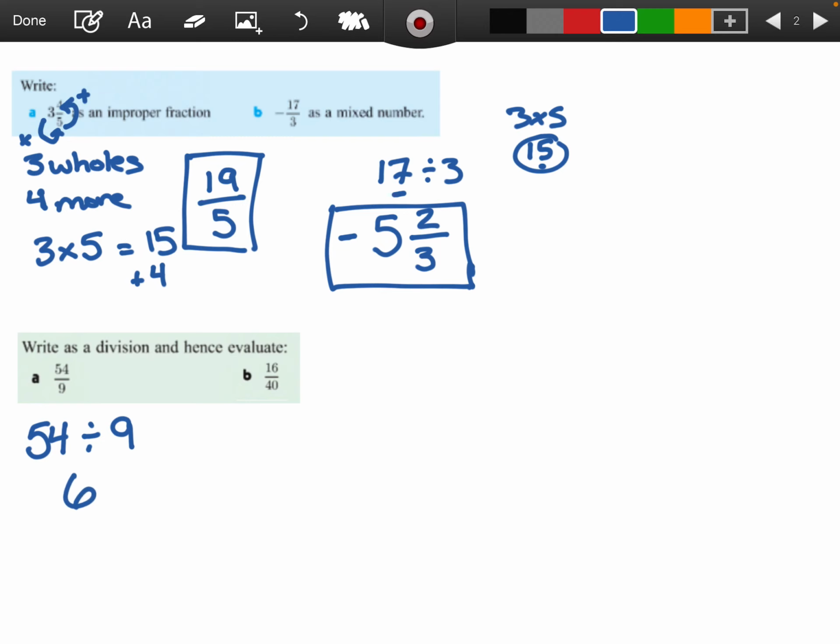If we look at the second one, write that as a division, so that becomes 16 divided by 40, and then we would probably grab a calculator on that one. 16 divided by 40, and that gives me 0.4 or 4/10. So that's how you change fractions into decimals. You just do numerator divided by denominator, again, because that fraction bar represents division.